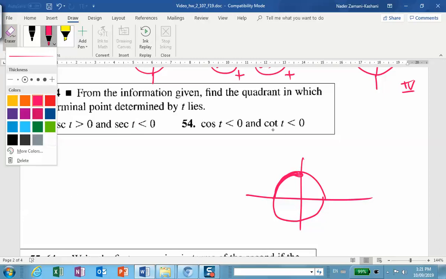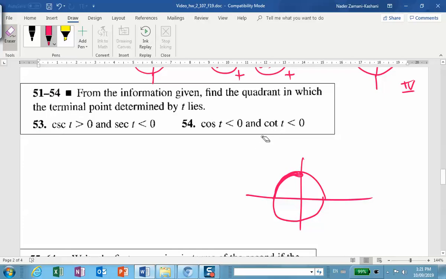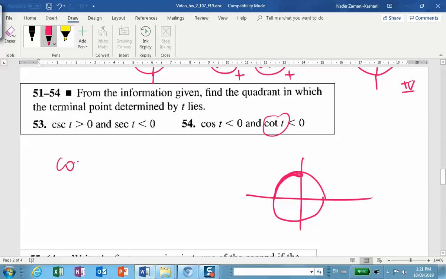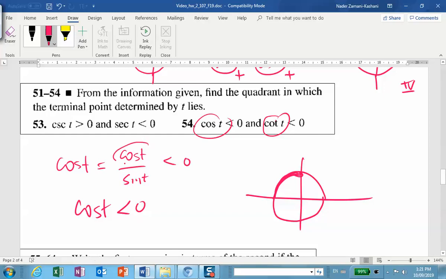Here's a cotangent. Cotangent of t is cosine of t over sine of t, and we are told that this is negative. And of course, you're also told that cosine of t is negative. So, if cosine of t is negative and this ratio is negative, sine of t must have been positive.